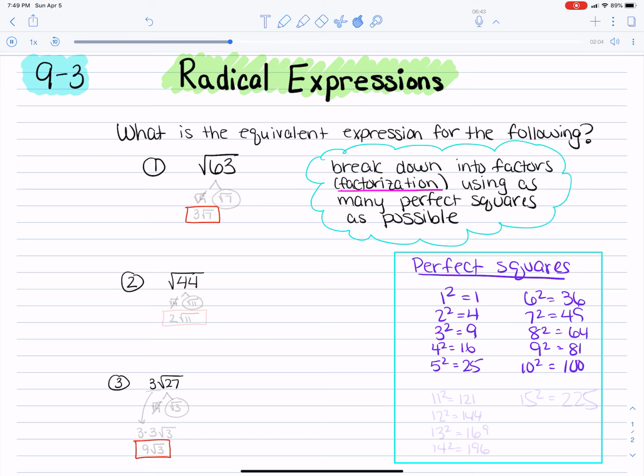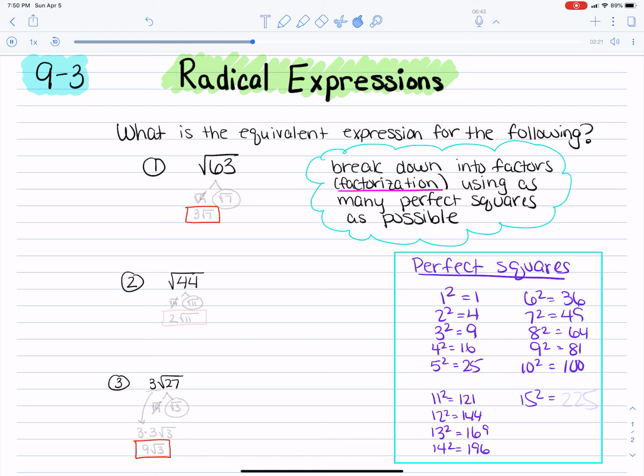I also had you guys write down 11 squared is 121, 12 squared is 144, 13 squared is 169, 14 squared is 196, and 15 squared is 225.